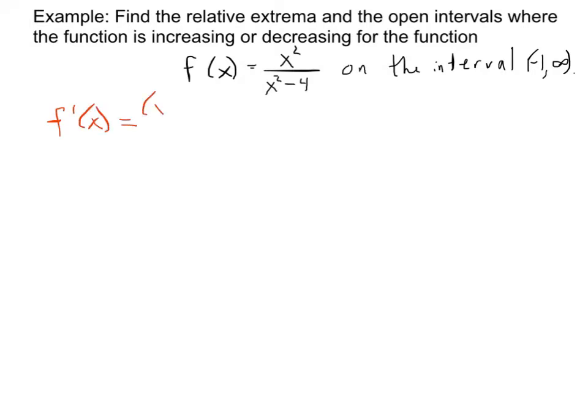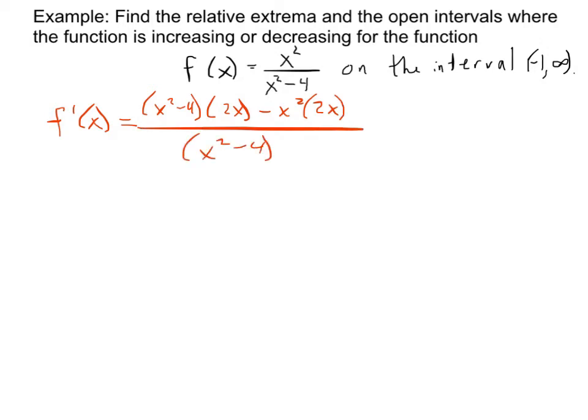It's supposed to be low d high minus high d low, square the bottom, and away we go. I'll keep simplifying.